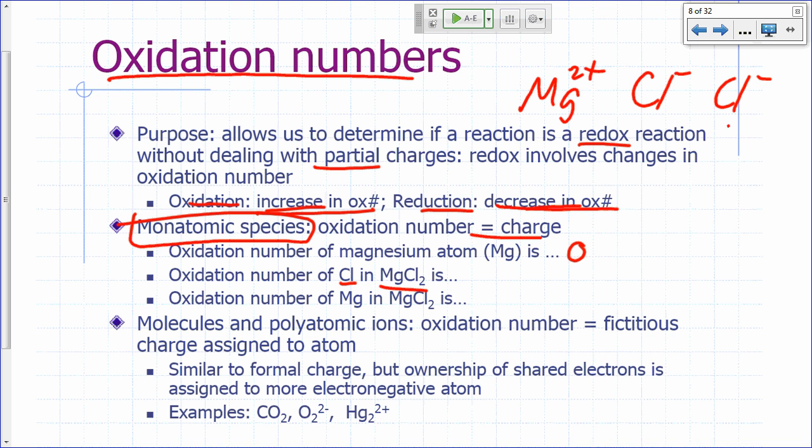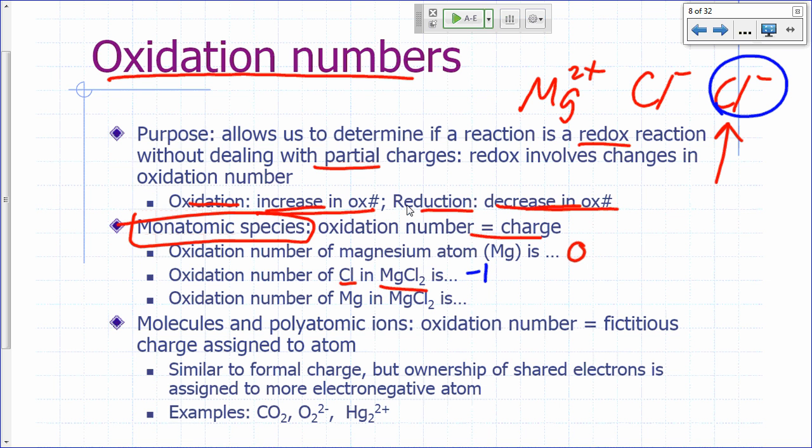Each chlorine atom in MgCl2 is actually in what form? In the form of chloride, right? So the oxidation number of Cl, or chlorine, in MgCl2 is -1. Okay, there's two of them, but each chlorine has a charge of -1.